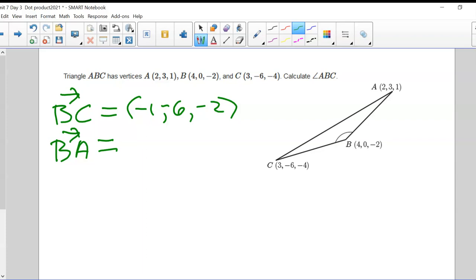Good. Ella, can you give us the BA components, please? The B to A components. Remember, the order does matter.